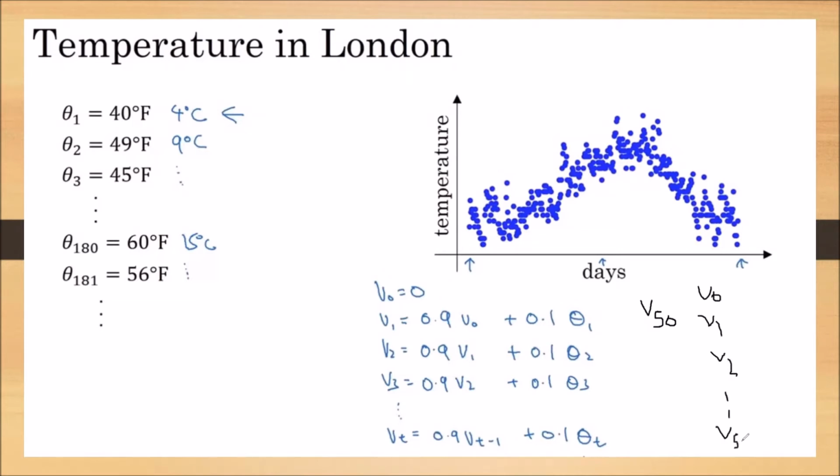Now the equation for V50 is the weight, whatever weight we are taking, into V49, plus 1 minus the weight, 1 minus 0.9 is 0.1, into the present day temperature. That's how we have to write these equations.